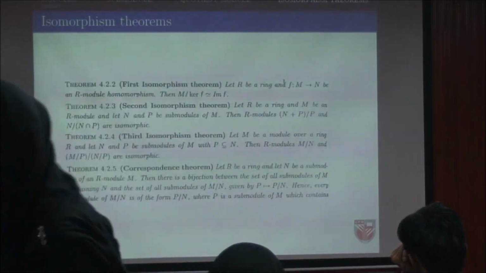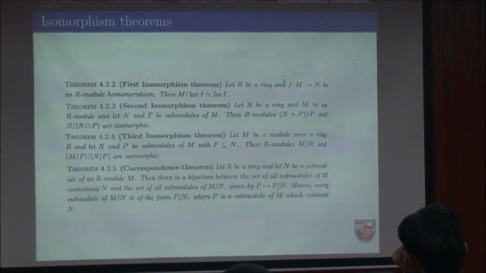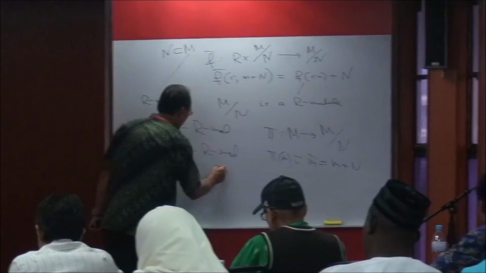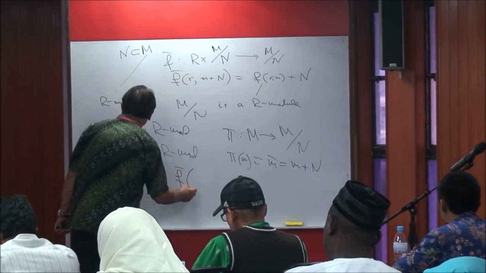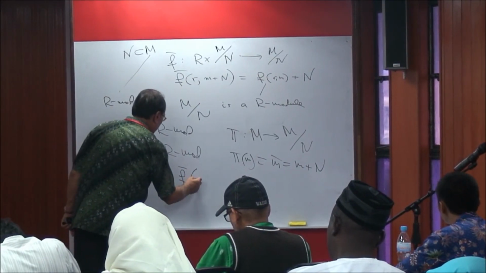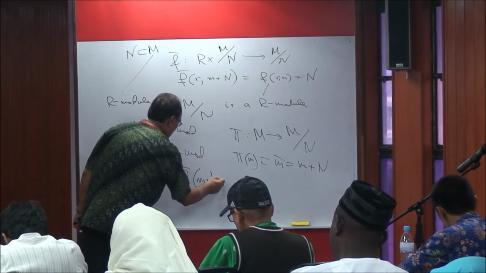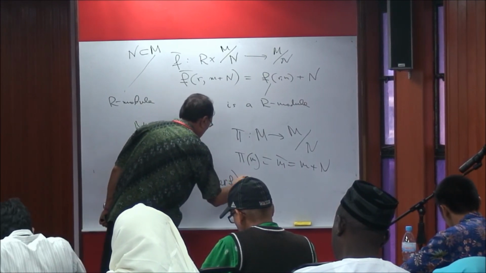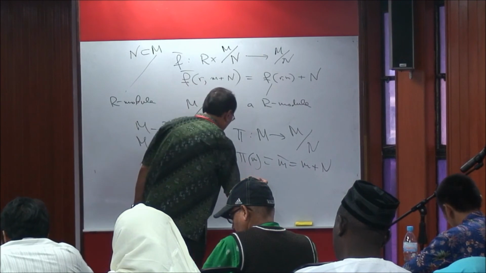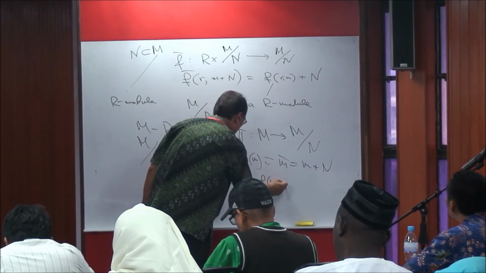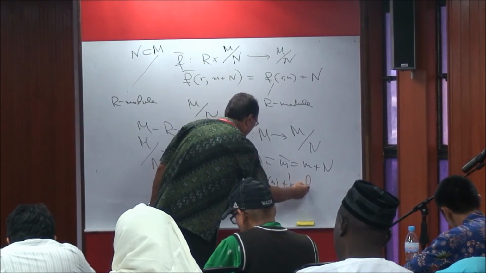These two R-modules are isomorphic. The isomorphism can be easily defined as follows. Let me take that isomorphism f bar, which sends m plus kernel of f to f of m.